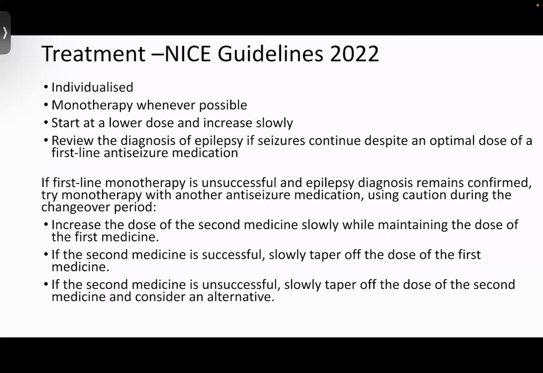If you decide to go with another anti-seizure medication, the dose of the second medicine should be increased slowly while maintaining the first anti-seizure medication dose. If the second line medicine is successful, we slowly taper off the dose of the first medication. If the second line medicine is also unsuccessful and you find no added benefit, we can slowly taper off the second medicine and consider another drug.